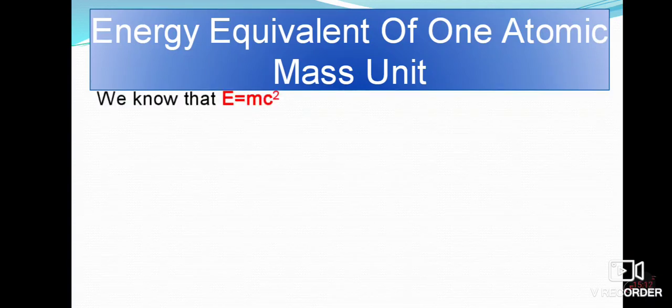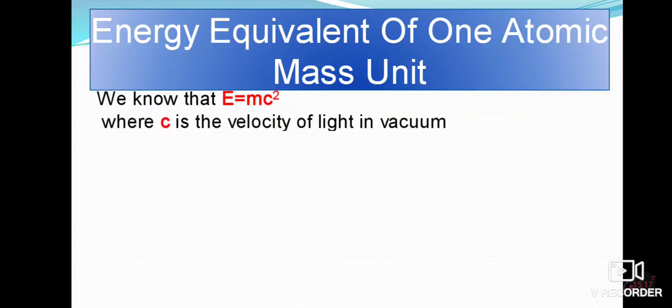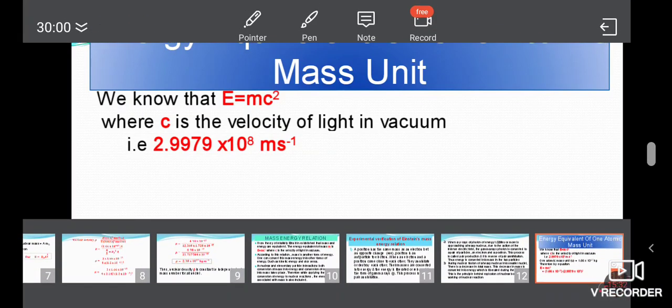According to the theory of relativity, E equals m c squared, where c is the velocity of light in vacuum, whose value is 2.9979 into 10 to the power of 8 meters per second. Generally we can take it as 3 into 10 to the power of 8 meters per second.